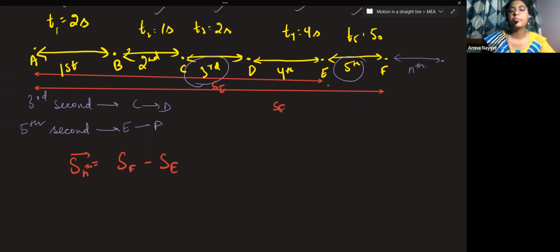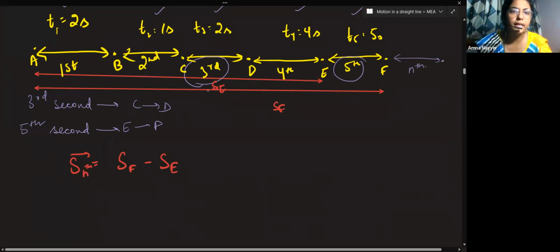So if I am taking nth second, let's say the fifth second, the displacement covered till the fourth second, that is t equal to 4, minus the displacement covered in t equal to 5 seconds. This displacement we are calculating. So basically our nth second is n minus 1 to n seconds. Fifth second is from the fourth second to the fifth second. That's what we are calculating.